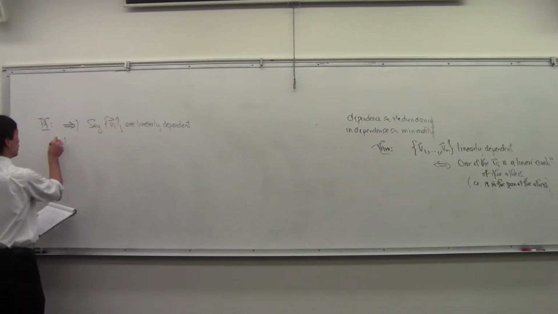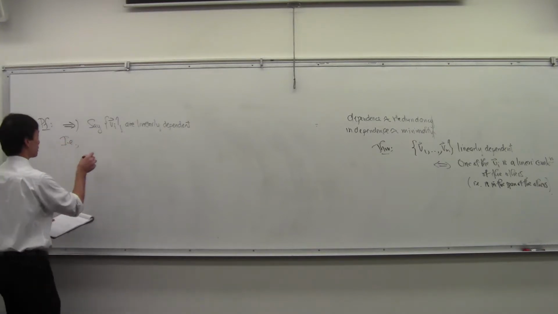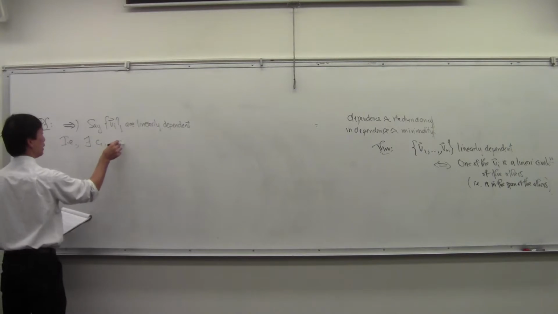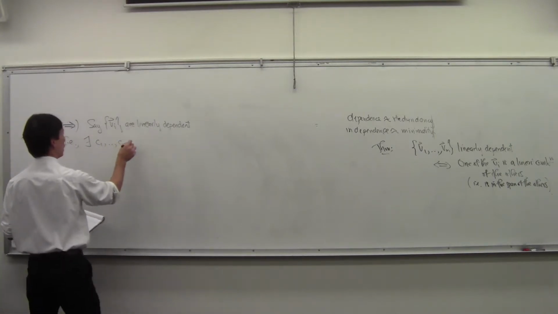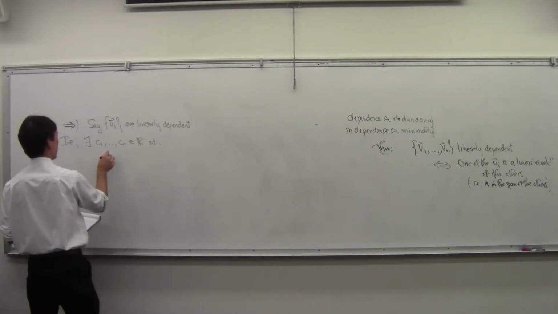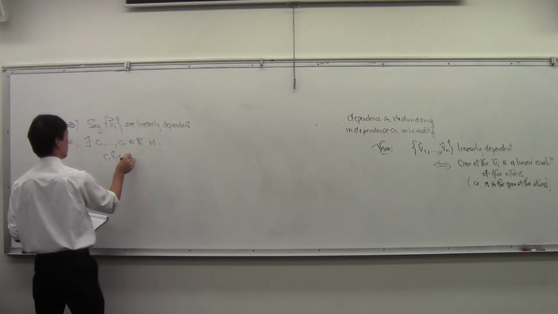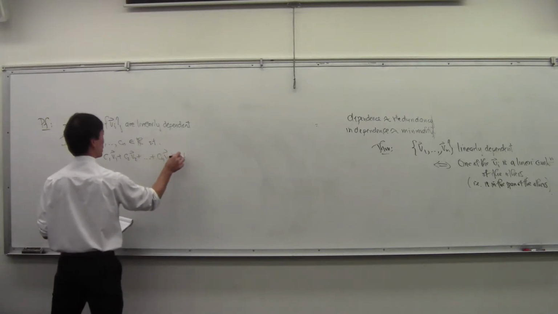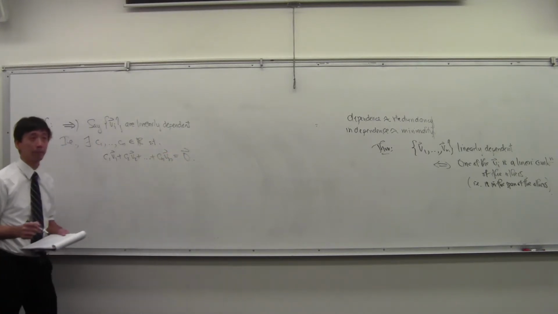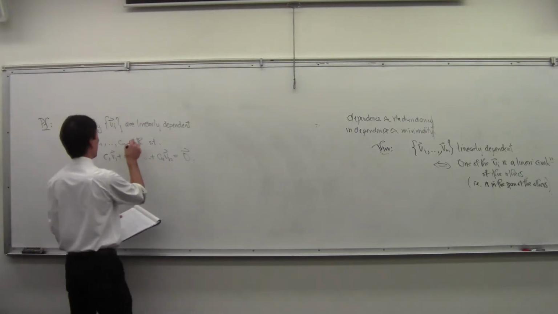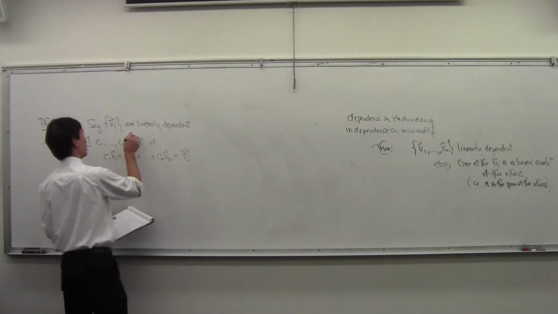That means there exist numbers c1 through cn such that c1v1 plus c2v2 plus ... plus cnvn equals the zero vector, and they're not all zero.